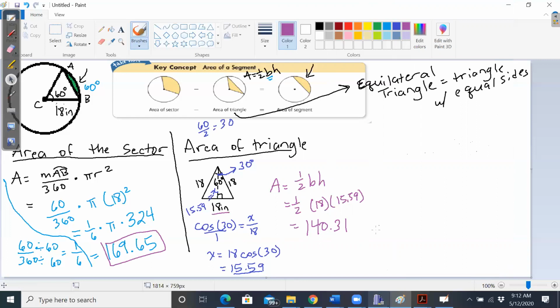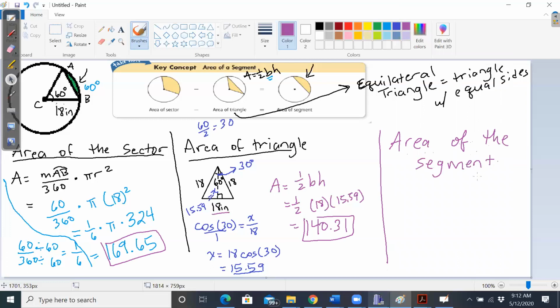Okay, so now I'm almost at my answer. I have the area of the sector, and I have the area of the triangle. Now all I need to do is find the area of the segment, and to do that, I'm just going to subtract the two.